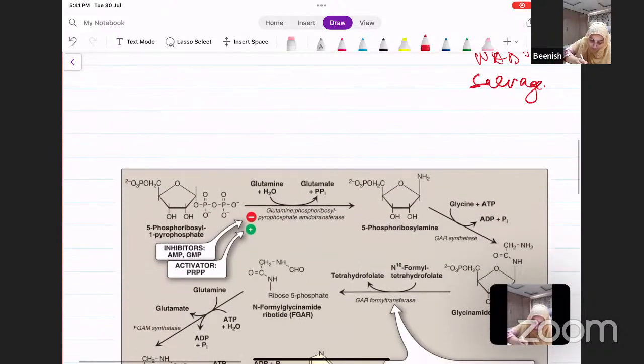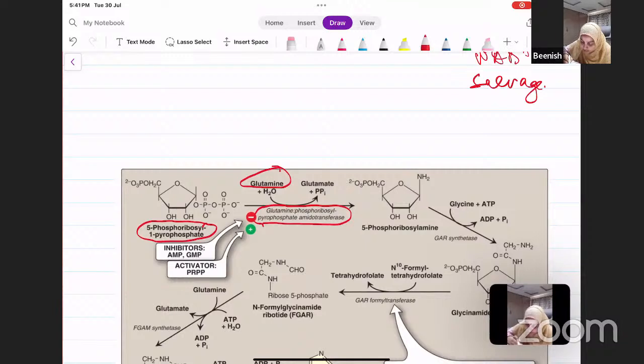Now moving on to the next steps of the cycle. So you have PRPP, that is 5-phosphoribosyl pyrophosphate. Now to this PRPP, what is going to happen? An enzyme known as glutamine phosphoribosyl pyrophosphate aminotransferase is going to act, and your glutamine is going to donate nitrogen 9.